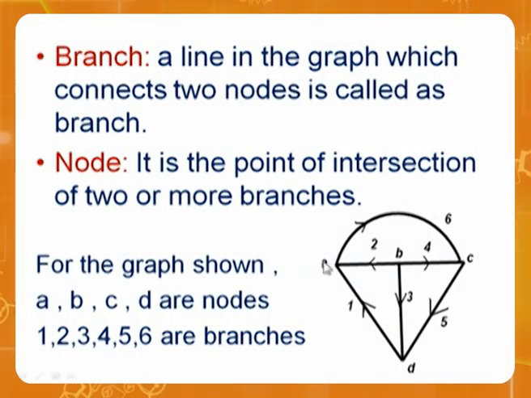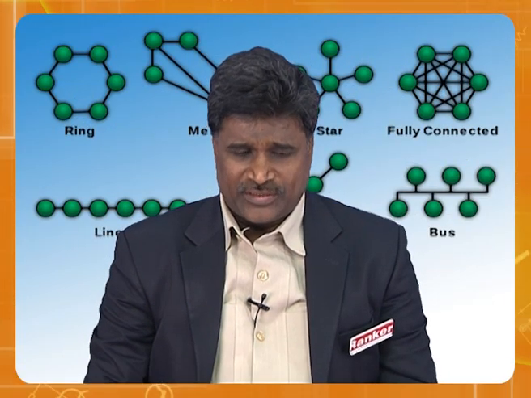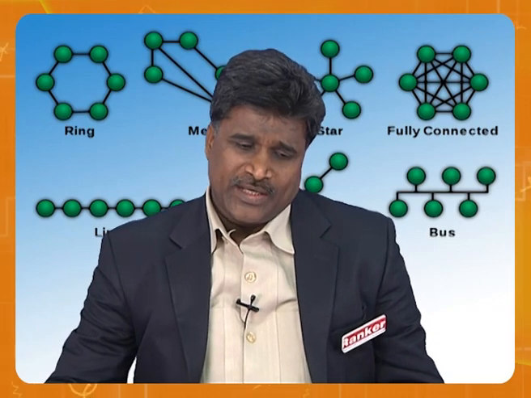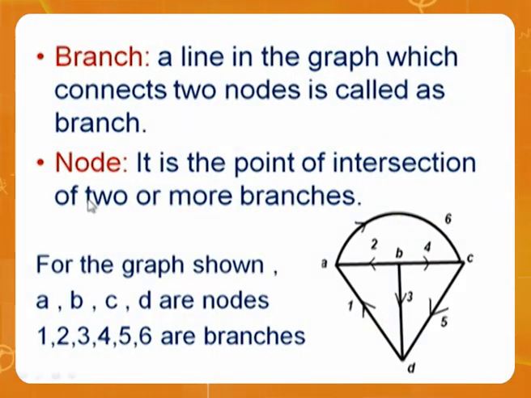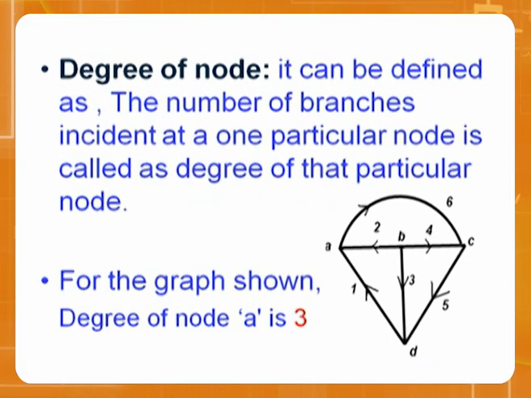In this graph, A, B, C, D are the four nodes, and 1, 2, 3, 4, 5, 6 are the six branches. So from now, for further study, we will say branch and node. That's how I am setting my definitions.